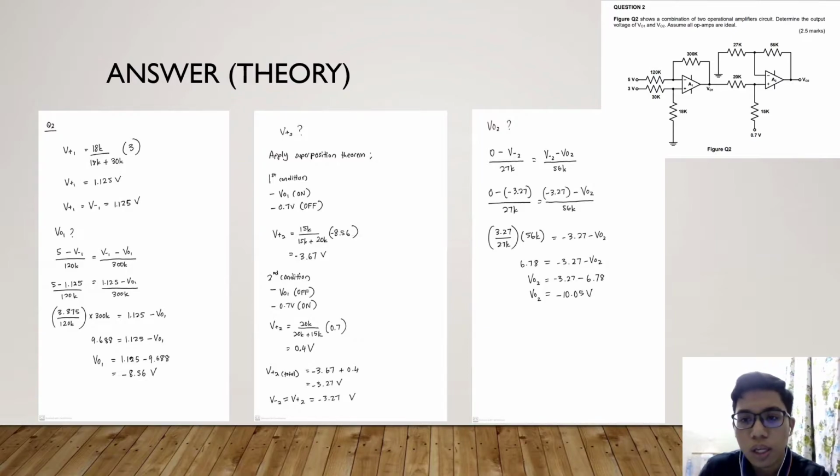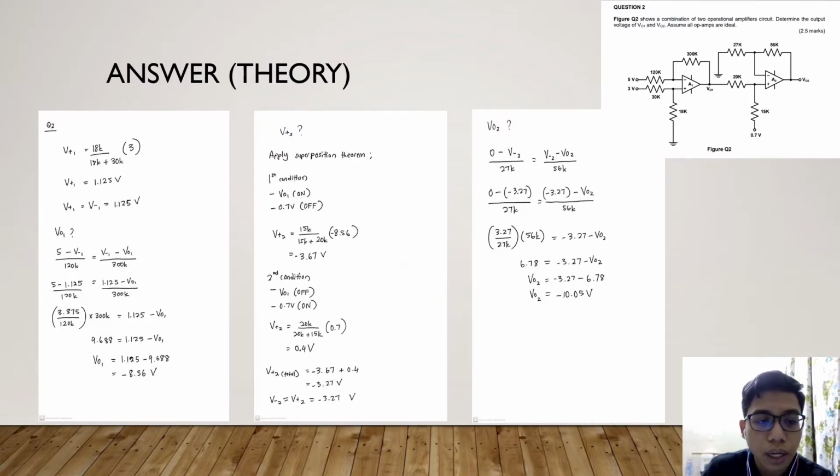So how? As you can see in the circuit, we have to apply Thevenin analysis to find V plus, as there are 2 resistors in the line. So V plus is equal to 18K over (18K plus 30K) times 3 volt, which is our voltage supply for this line.